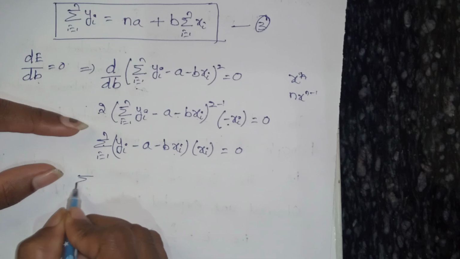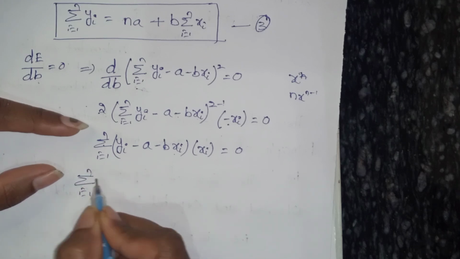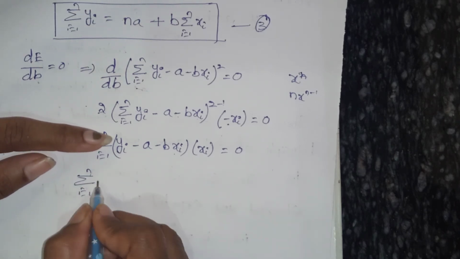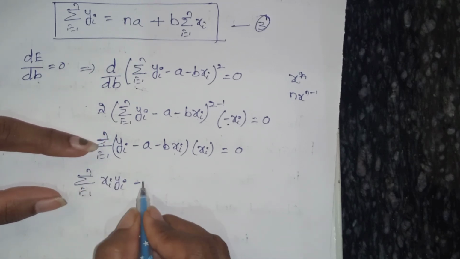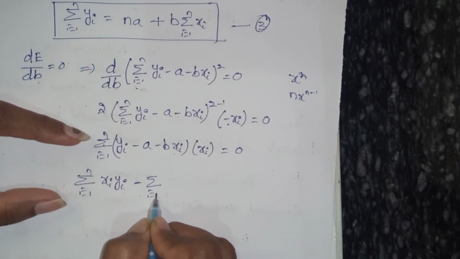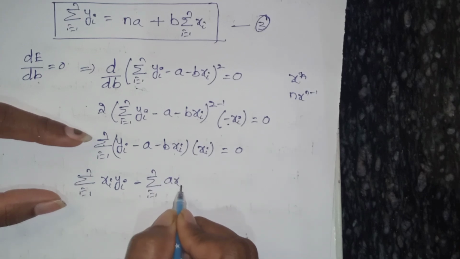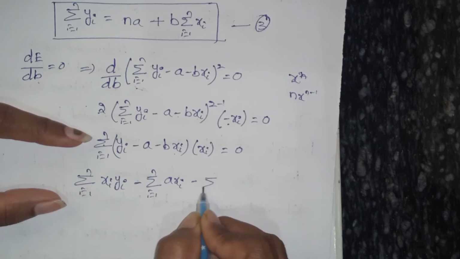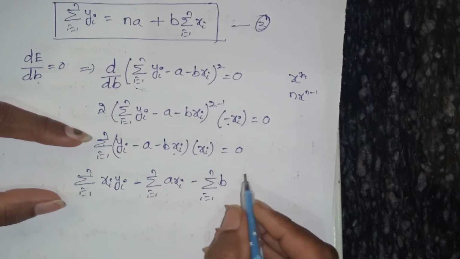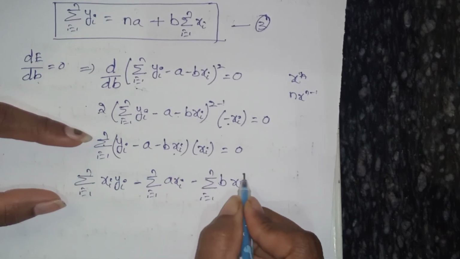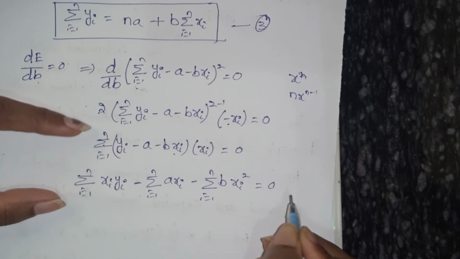So summation i equals 1 to n xi yi minus summation i equals 1 to n a xi minus summation i equals 1 to n b xi into xi, which is xi squared, equals 0.